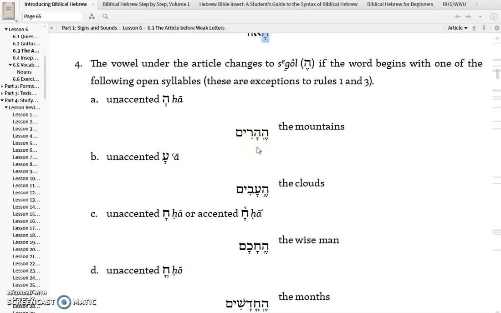So the word for mountains, plural, is harim. The mountains is heharim. And basically it's chosen an e vowel in order to distinguish sounds a little bit better so they don't slur together. An unaccented ayin with a kamatz under it also ends up with a segol under the hey.